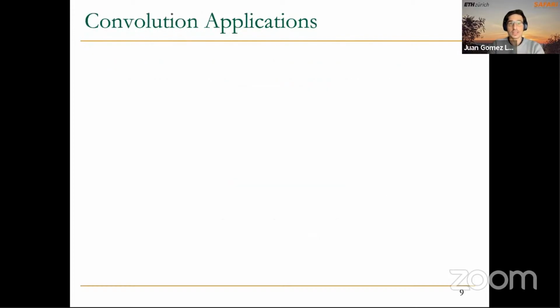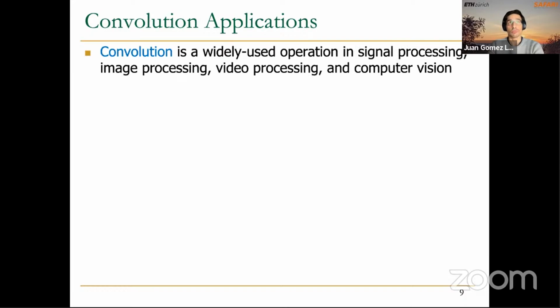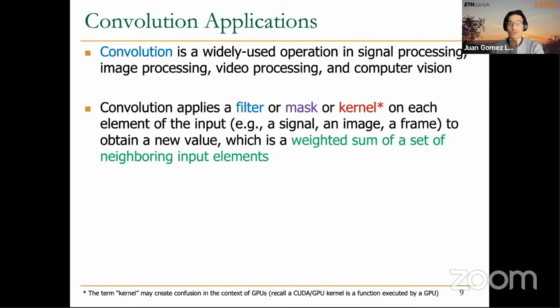The next parallel pattern that we discussed and presented in the last lecture is the convolution. Remember, convolution is a widely used operation in different fields like signal processing, image processing, video processing, and so on. And convolution consists of applying a filter, or also called mask, on every element of the input.